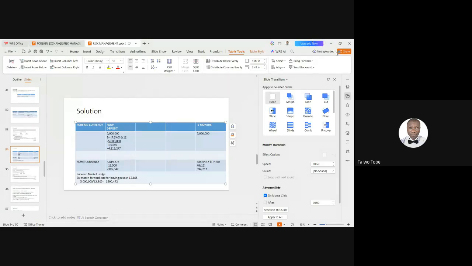Since this is payment, when you compare 390,472 to 394,217, you will discover that the forward market hedge is lower than the money market hedge. So it is better we pay using the forward market hedge.